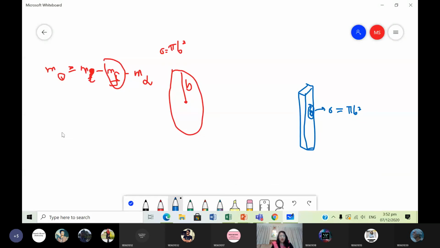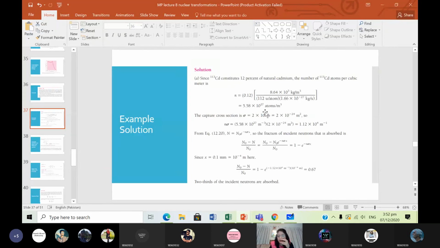So as we have done before, number of atoms per cubic meter will be mass per cubic meter divided by, and we have to convert this mass into number of particles. So how will we do that? We have to take this density and divide that by 112.